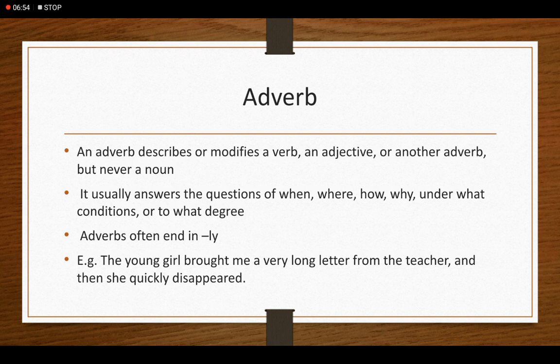So very is an adverb. Then disappeared is a verb and it is again modified with the word quickly. So here we find there are two adverbs, very and quickly.